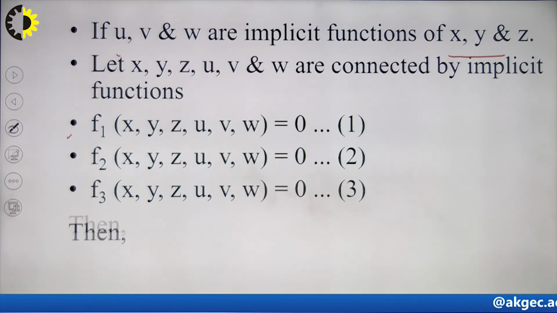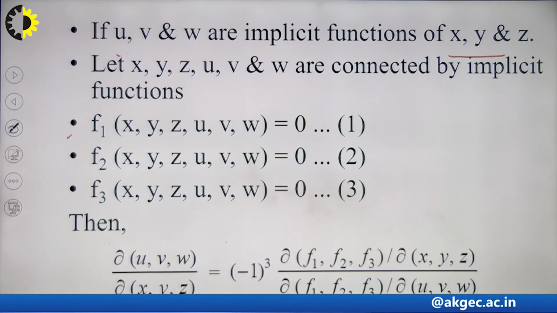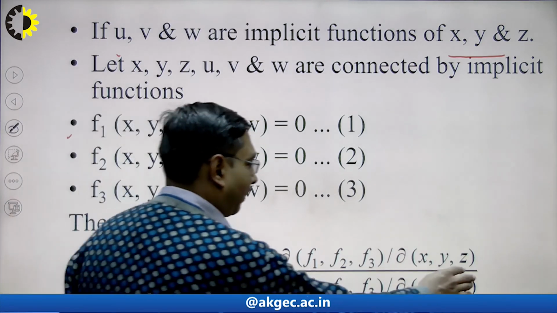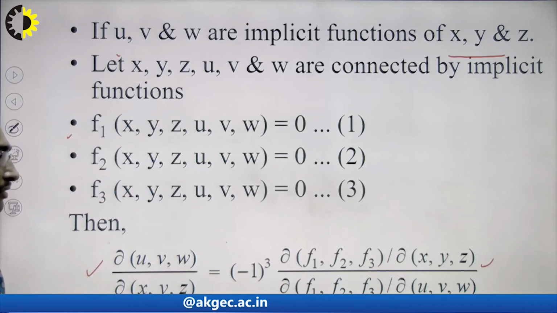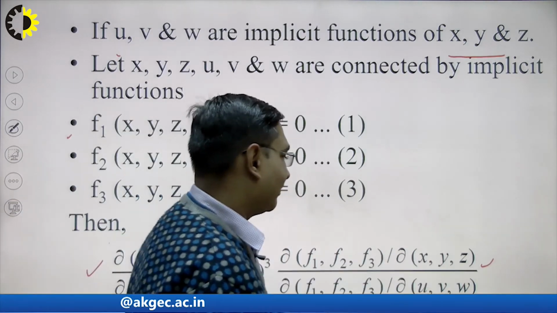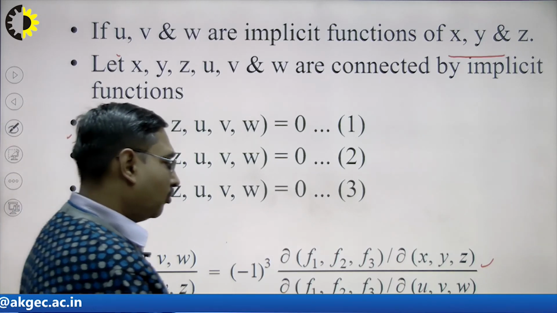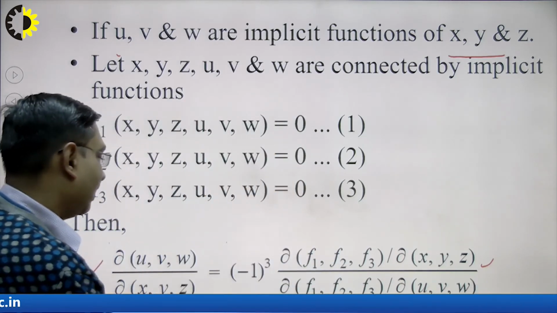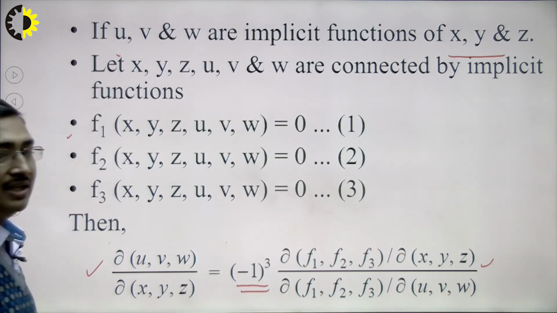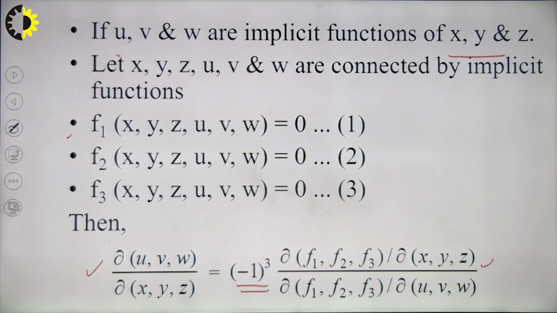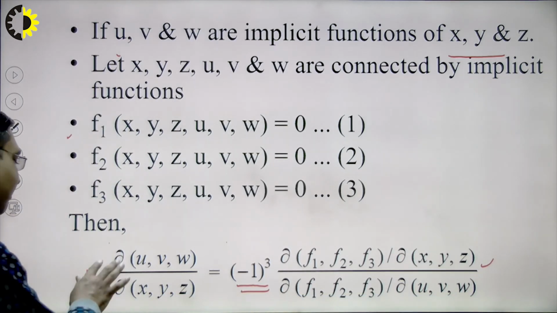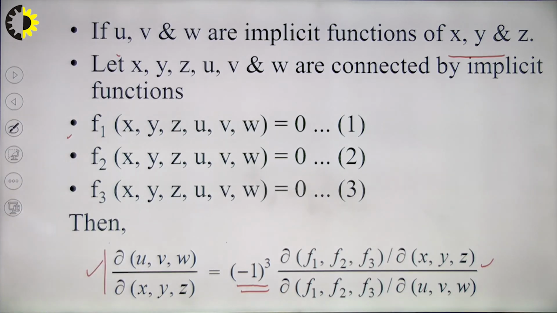Then to calculate this Jacobian del(u, v, w) over del(x, y, z), I can use this formula: del(f1, f2, f3) over del(x, y, z) whole divided by del(f1, f2, f3) over del(u, v, w), whole multiplied by minus 1 raised to the power 3. Minus 1 raised to the power 3 is occurring because we are working here with a 3 by 3 Jacobian.